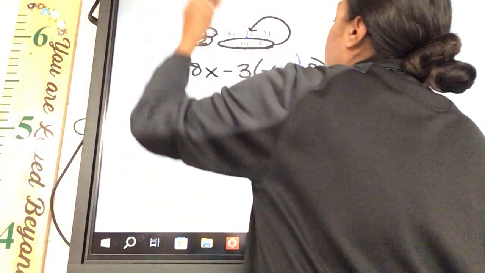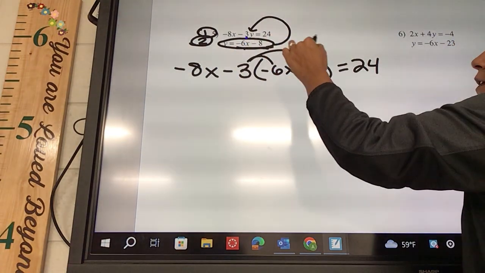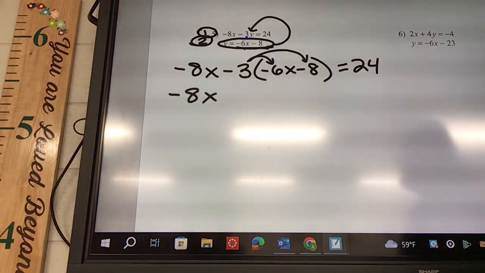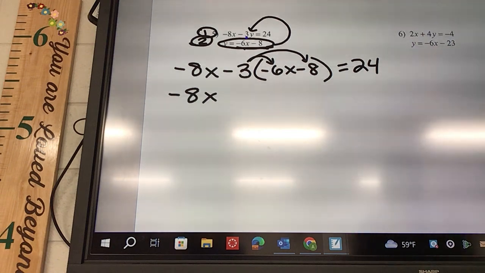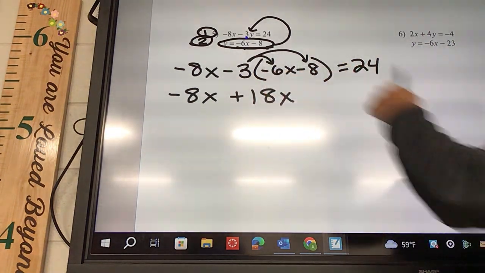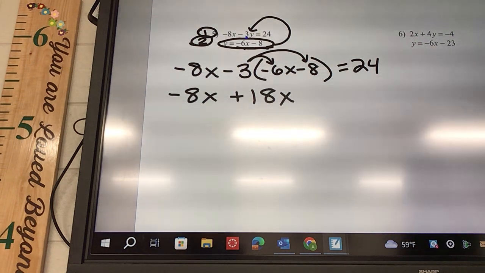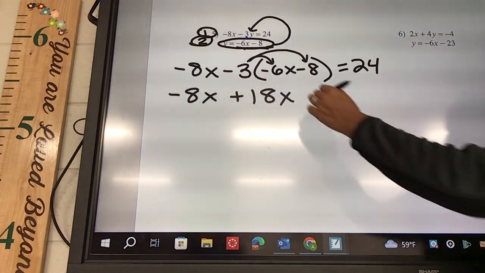Okay, so our first step is going to be to distribute. So we got negative 8x. What is negative 3 times negative 6? Positive 18x. Negative 3 times negative 8. Positive 24.